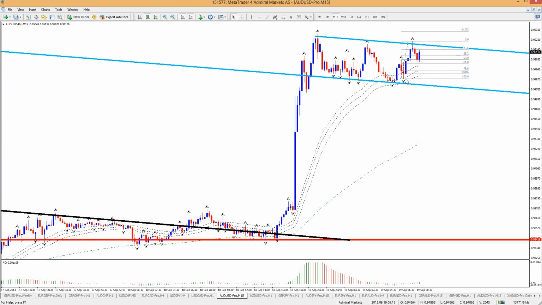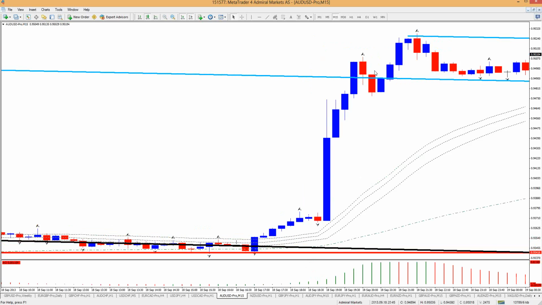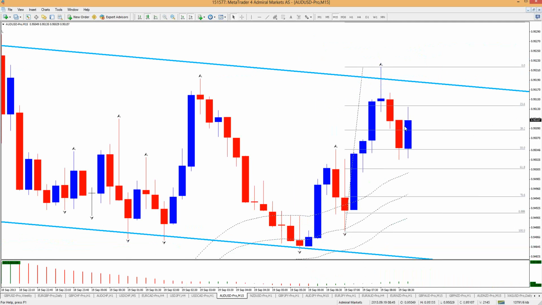Fibbing this last 15-minute move up. Let's see how the 15-minute looks here, we're getting maybe engulfing twins. Let's see if that happens indeed.